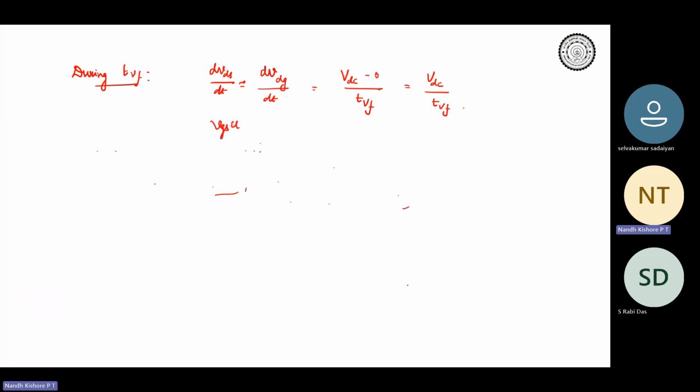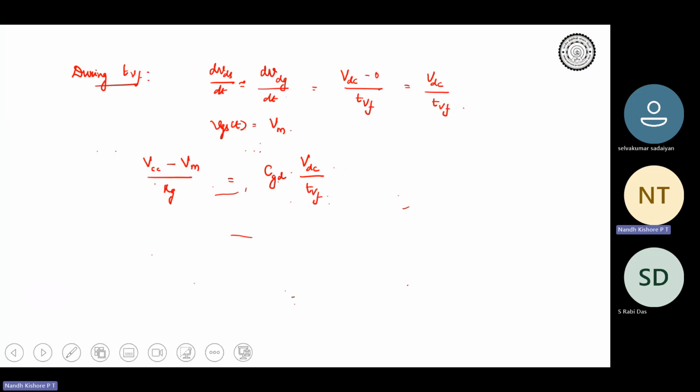And your VGS of P remains fixed at Vm, or V Miller. So just equate it, okay? So VCC minus Vm by Rg is equal to C dV by dt. The value of capacitance is CGD, into VDC by tVF, okay?